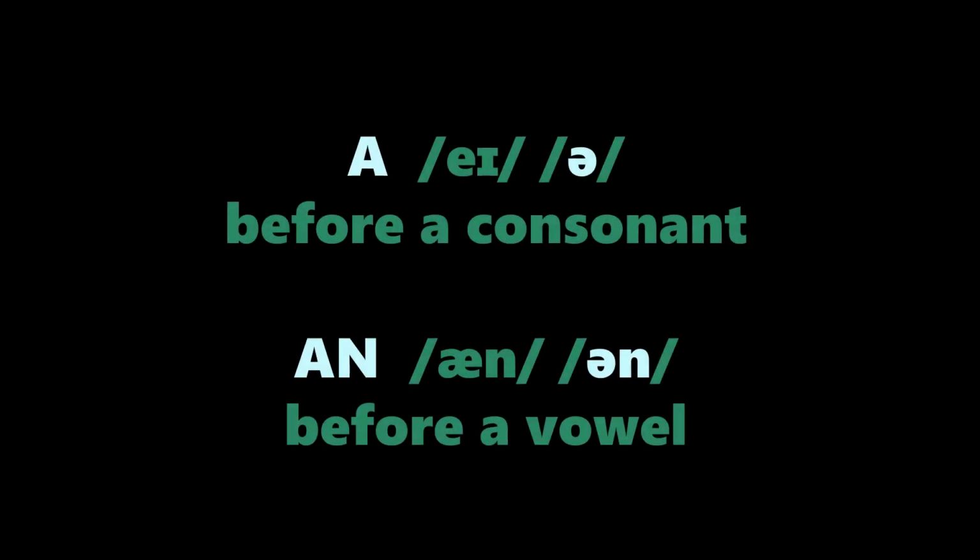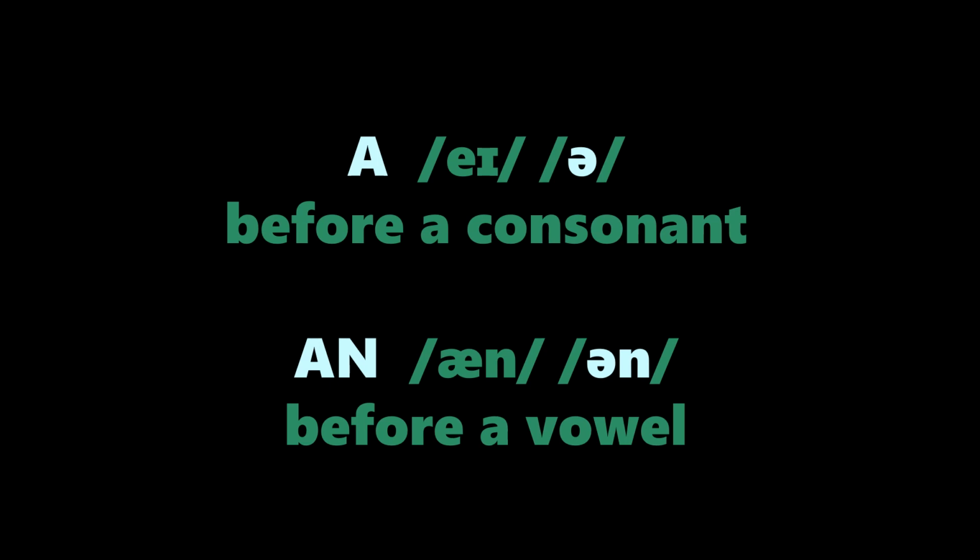So just to review then before we finish, because this is a slightly complicated set of weak forms to think about. We've got a or a before a consonant, and then we've got an or un before a vowel.